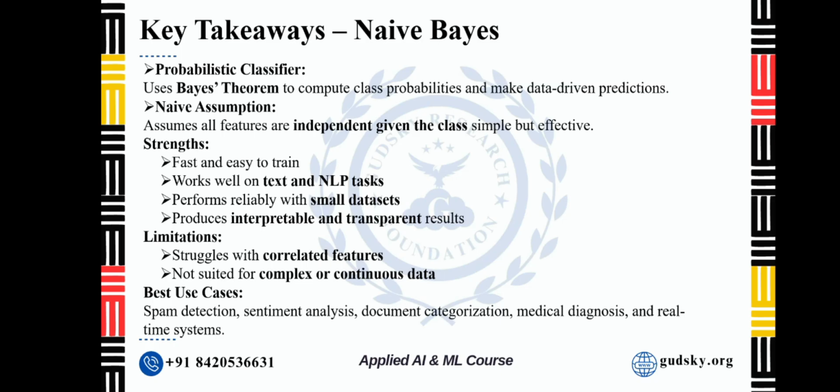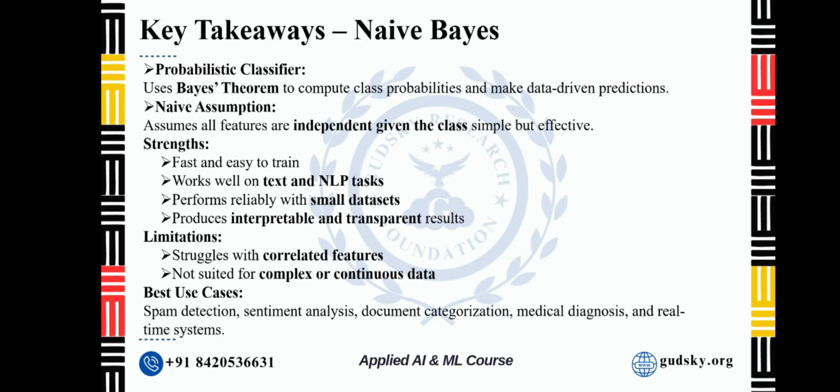On strengths, it is fast and easy to train, and it has three different types of approaches for categorical and numerical data, so it trains easily. It works well on text and NLP tasks, performs reliably with small data sets as we previously discussed, and produces interpretable and transparent results.